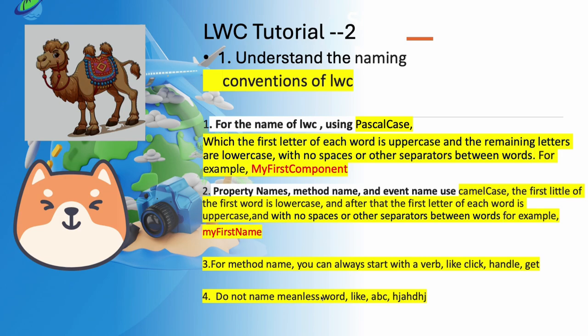For example, myFirstName, you can see the first letter of the first word, my, is lowercase, and afterwards the first letter of each word is uppercase. So the difference between Pascal case and camel case is the first letter of the first word. It's very simple to understand.